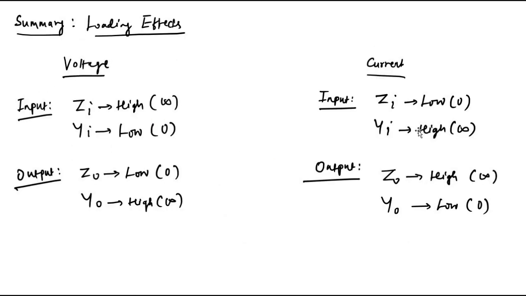Normally people are comfortable with impedance parameters, so remember the impedance parameters for both voltage and current at the input and output side. So here we have discussed loading effects with respect to input impedance admittance, output impedance admittance.